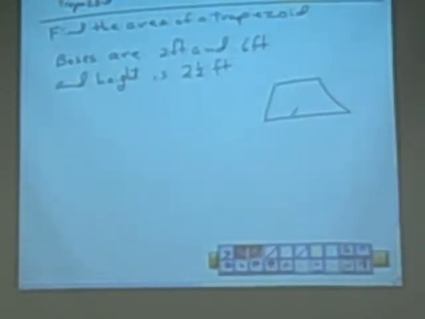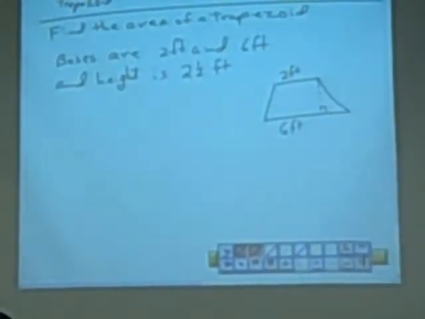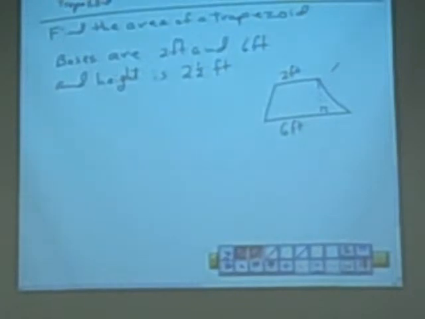Know that the large base is 6 feet. Small base is 2 feet. The height is always perpendicular to both bases, but the only thing you really have to know is that my height is going straight down. And that's 2 1/2 feet.